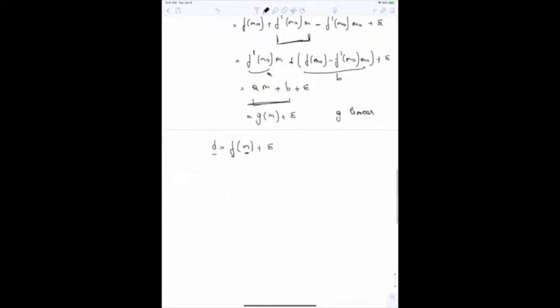Now, what we can do is rewrite d as the value of the function in m0 plus the Jacobian of f computed in m0, so this is the matrix of the partial derivatives, times m minus m0, plus epsilon. These are all vectors.